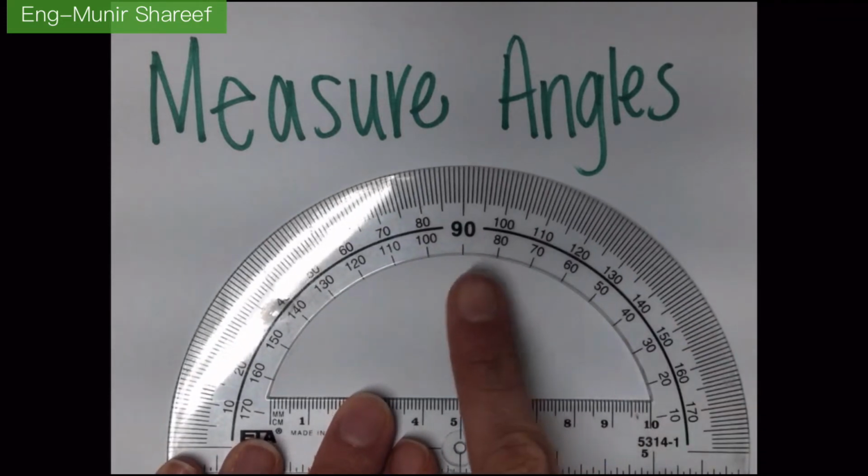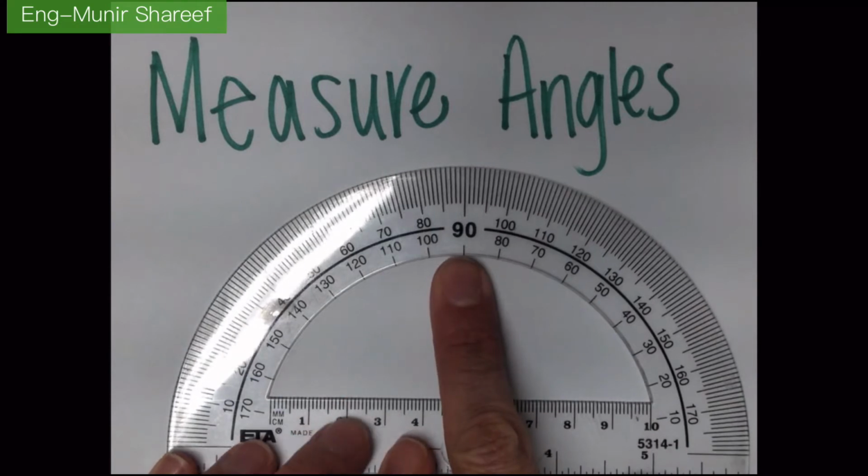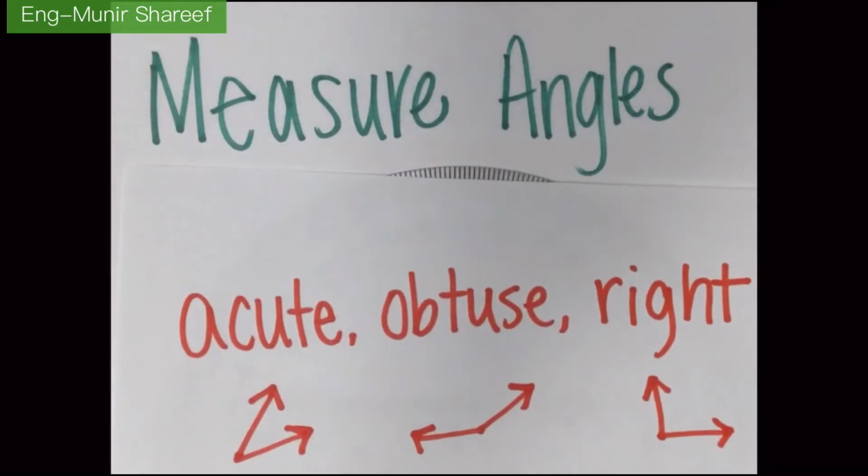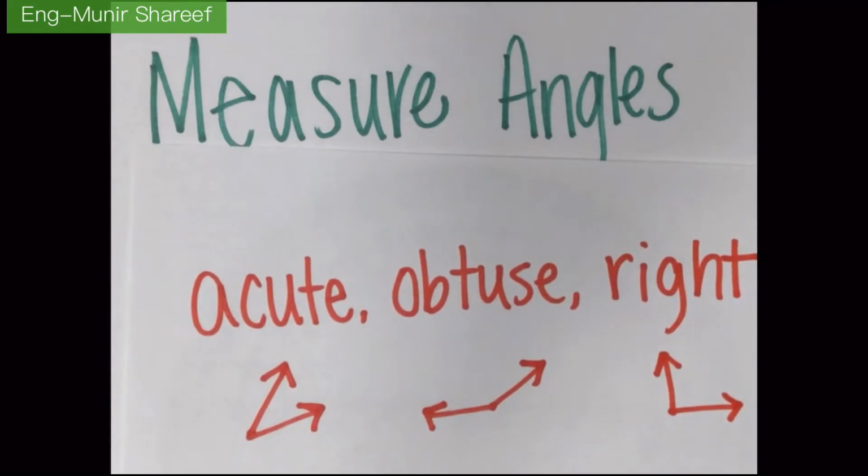We know that a right angle is always 90 degrees, and an acute angle is always less than 90, and an obtuse angle is always more than 90. So if we're measuring an angle that looks acute, we're going to choose the smaller number. But if we're measuring an angle that looks bigger than 90 degrees, we're going to use the bigger number. Let's practice.